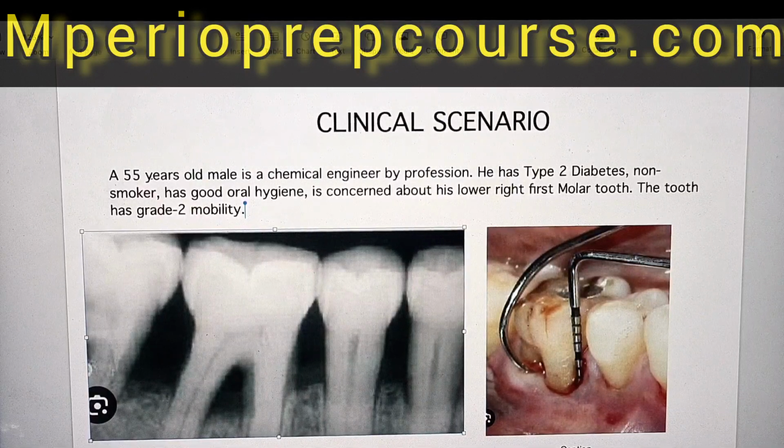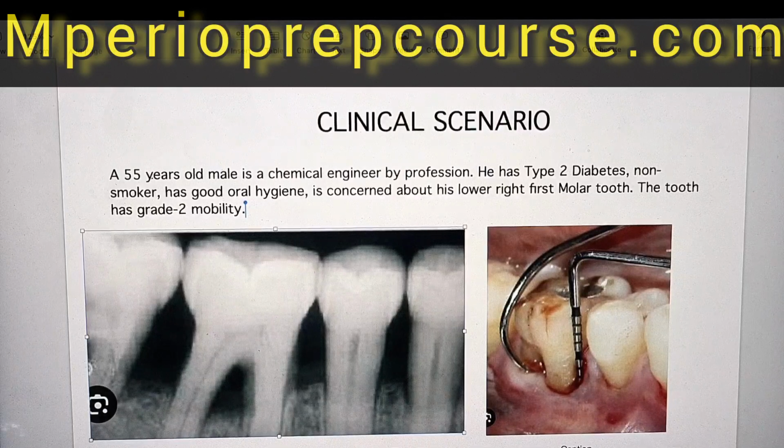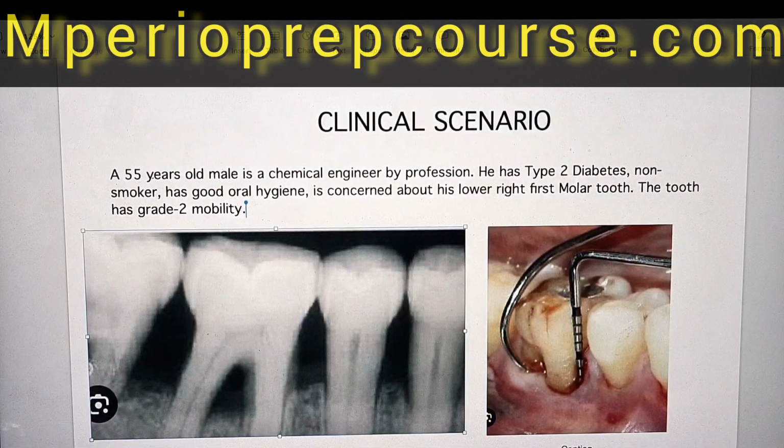Or just according to the classification, that's why you are saying? Well, obviously the mobility, because that will be a major factor that will affect the prognosis, and the amount of bone that is there in that area. Okay. Thank you very much, doctor. Thank you.